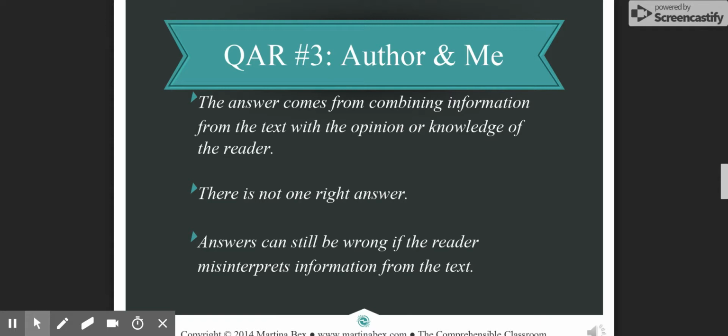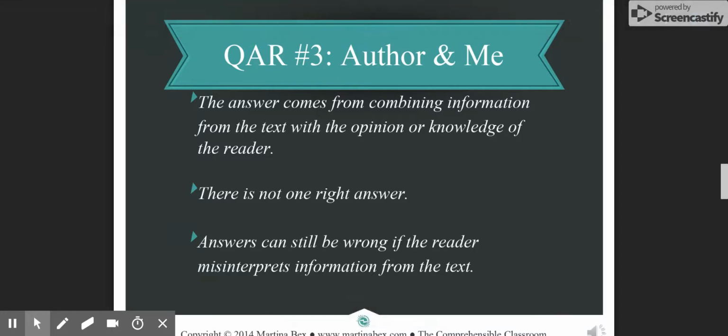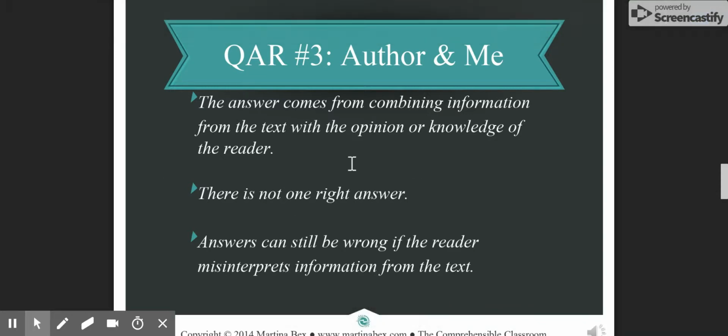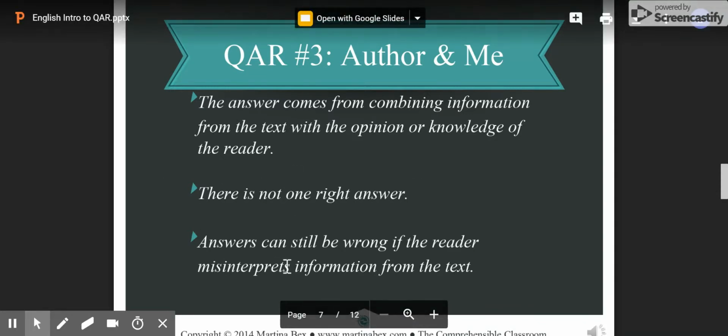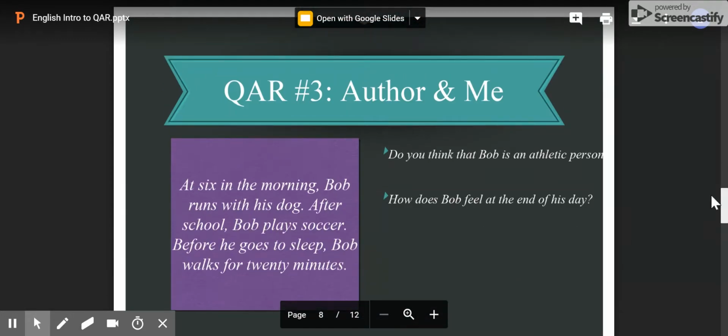So these are 2 combinations. We have to infer, we have to practice inferencing skills in order to do an author and me question. There's not necessarily a right answer as long as the reader can justify it with evidence from the text. But there can be wrong answers if the student does not read the question appropriately.